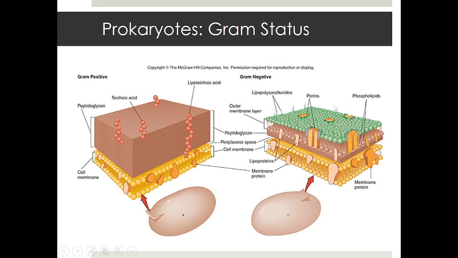You've got your external cell membrane, you've got your internal cell membrane, and in between the two here, you can see that much thinner peptidoglycan layer. So cells that are Gram-positive have that much thicker peptidoglycan and are less complex, only two layers. Gram-negative, on the other hand, are more complex. Look at all the extra things that are here in the composition of this envelope, and it has that thin peptidoglycan layer as well.